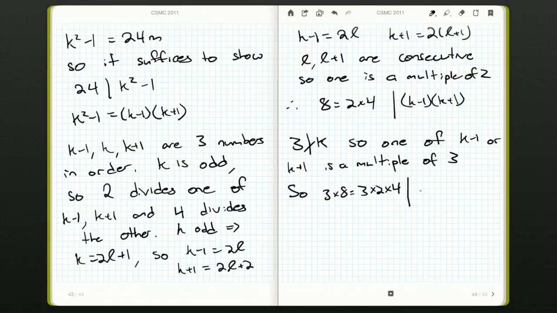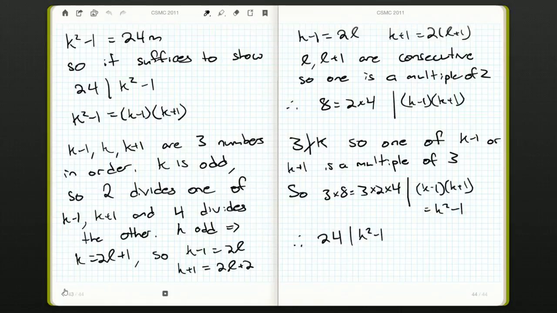Again, I don't know which one, but I do know that there's a multiple of 3 in there. And that means 24 divides k squared minus 1. So what does that tell us?